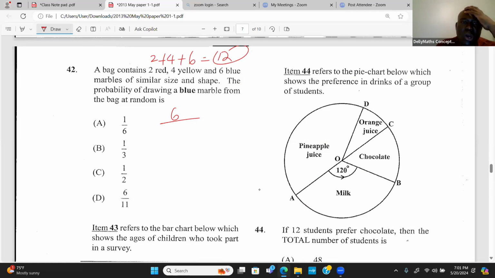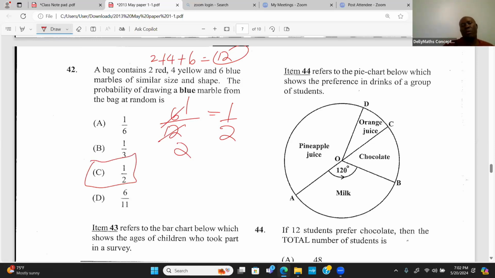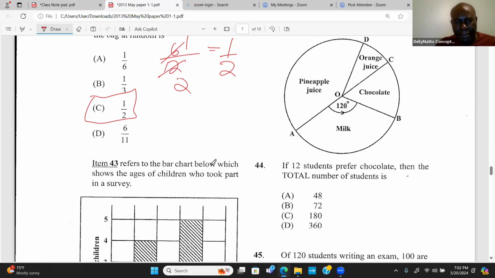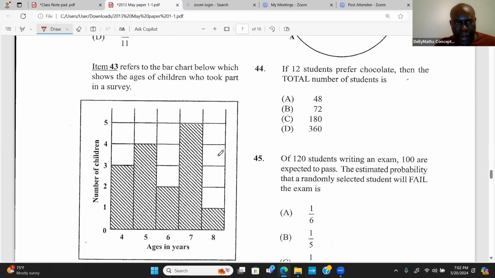So it's going to be 6 out of 12, which is 1 over 2, because 6 into itself 1, 6 into that 2. So it's a half. All right. So you want to look at it like that. Remember that the probability is the desired outcome over the total possibility. What we desired just now was the blue, which is 6 out of 12. That's a half. All right.